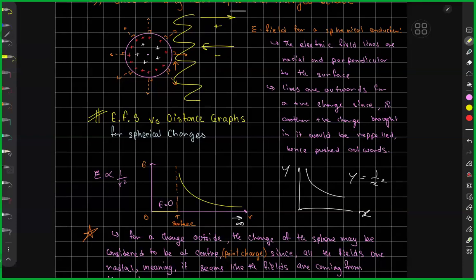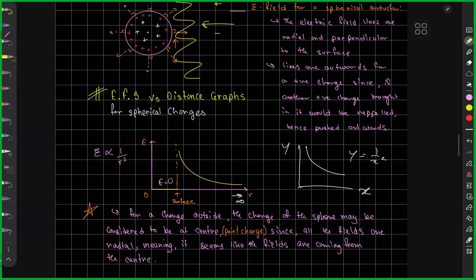So we draw it on the positive axis. And inside the sphere, it is 0. So we draw it as 0 over here. And over here, it is again going to be a curve on the negative axis.